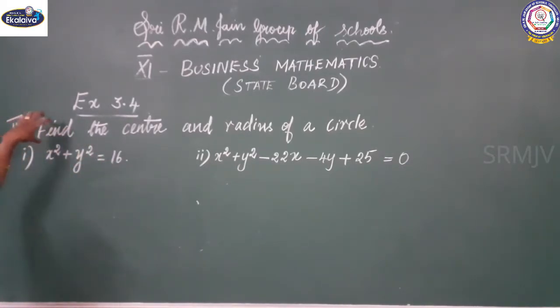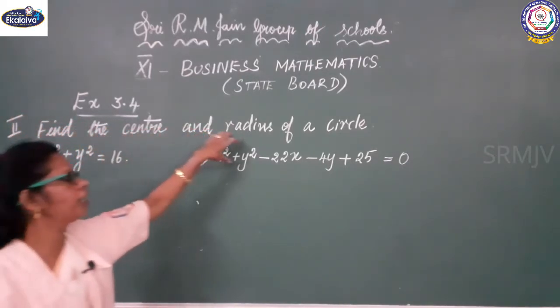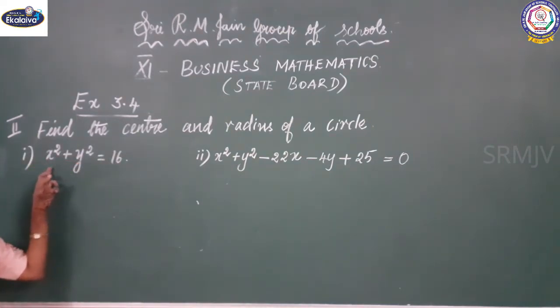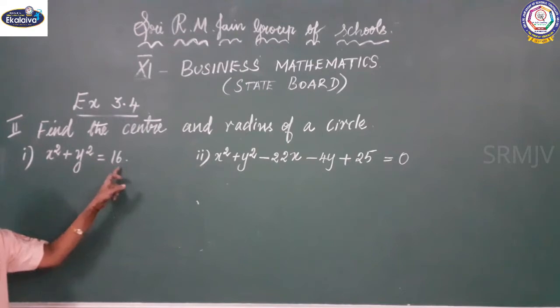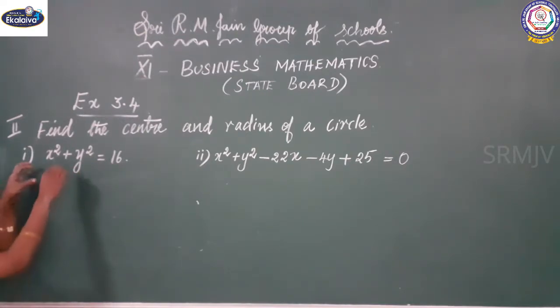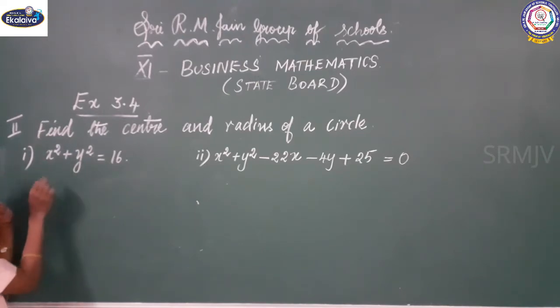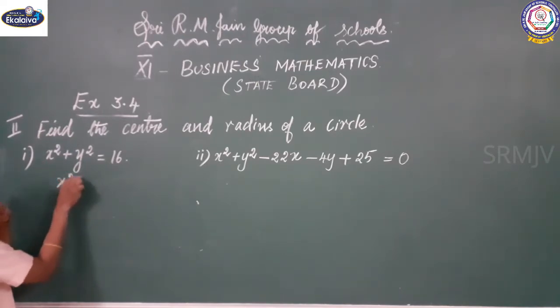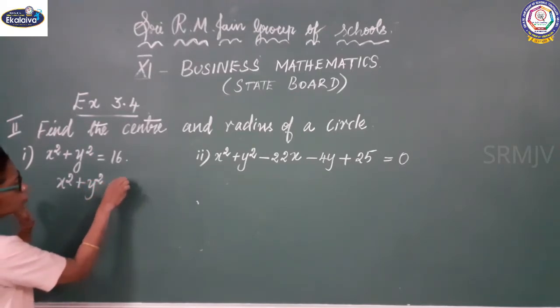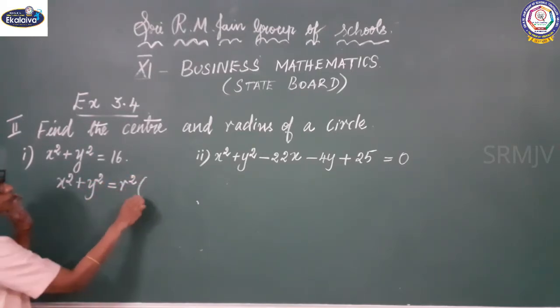The second Roman letter: find the center and radius of a circle. First subdivision, x square plus y square equal to 16. What is our equation of a circle if the center is the origin? That is x square plus y square equal to r square.